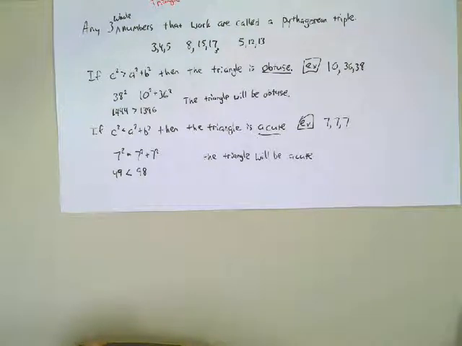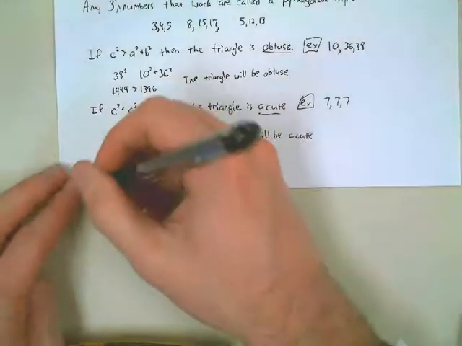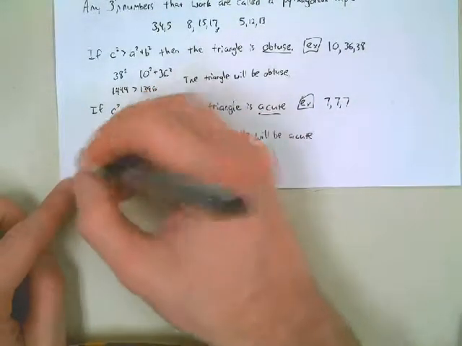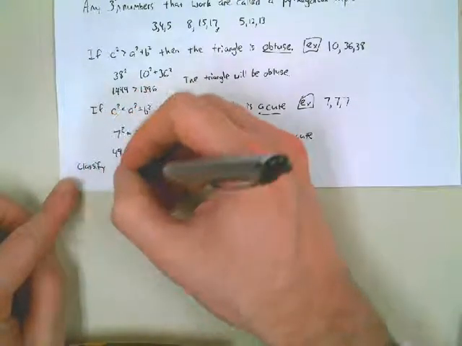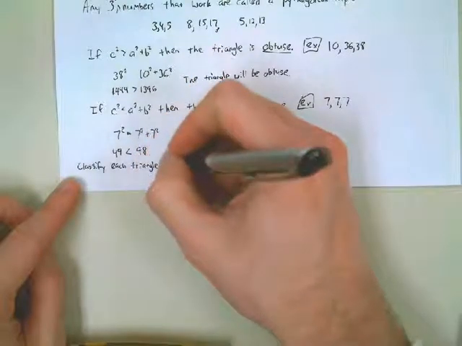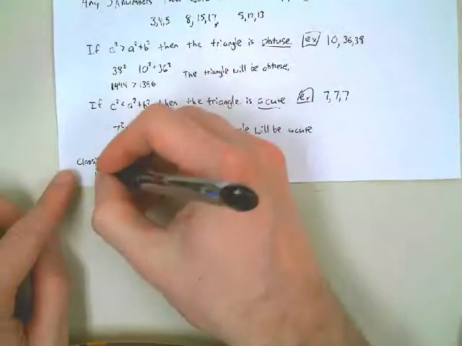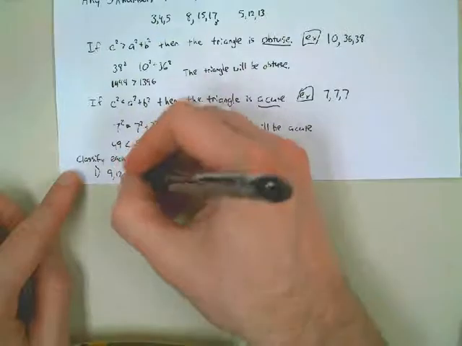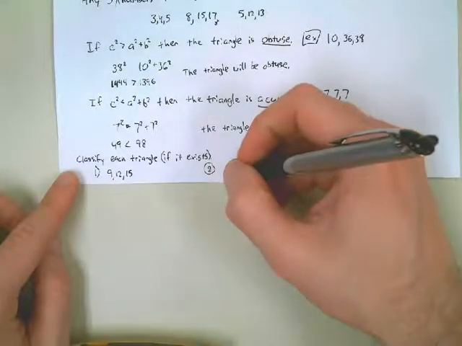All right, so let me give you just 2 to try, and then we'll move on to the Pythagorean word problems that I know you guys are just waiting to see. So I'm going to just squeeze this in right here at the bottom. Classify each triangle if it exists. 9, 12, 15. 5, 13, 14.